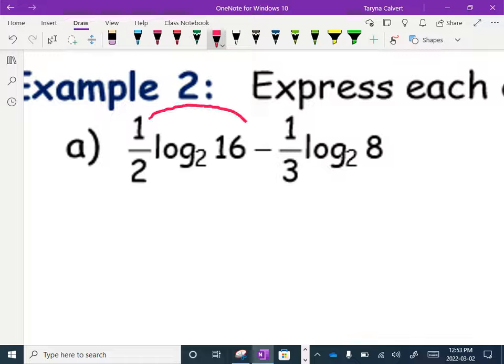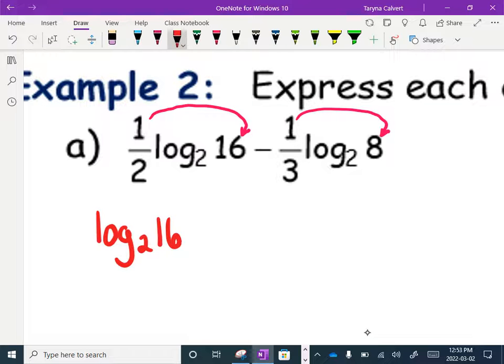So remember, your power law goes on the argument. So that's what we would have to do first. So then I would have log base 2 of 16 to the exponent of half minus log base 2 of 8 to the exponent of 1/3.